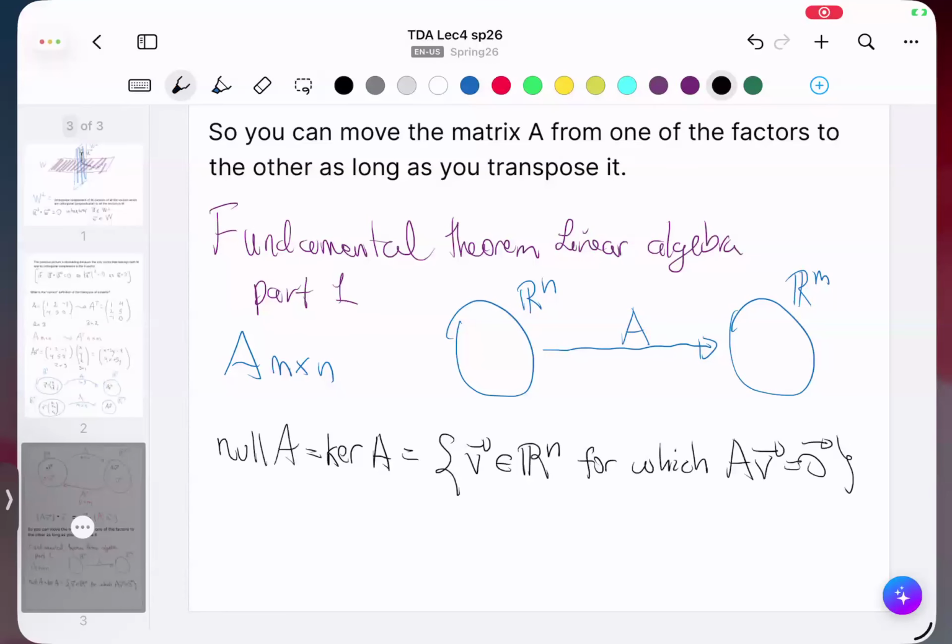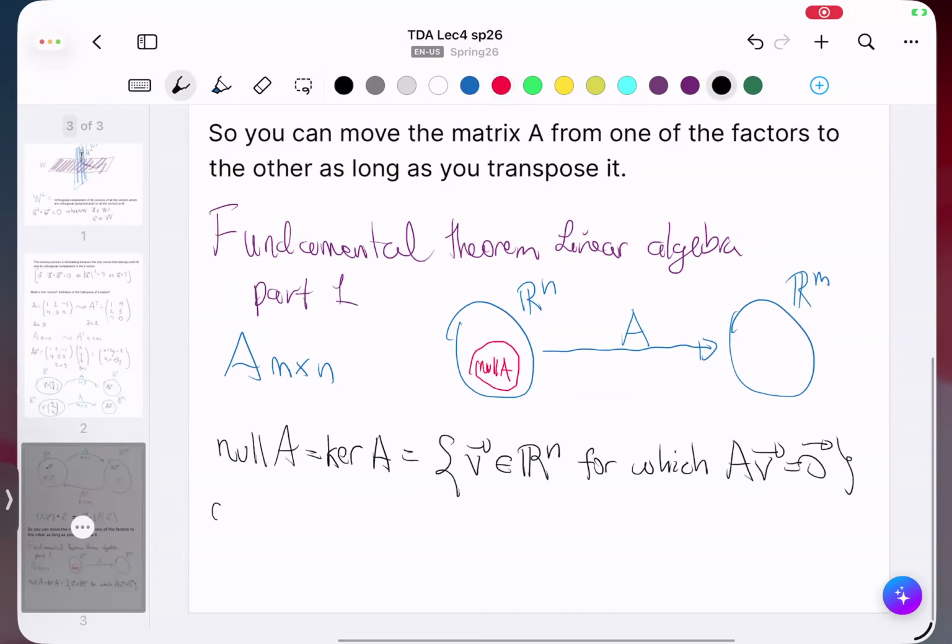So again, just to draw it in a picture, here you have the null space. Its dimension is called the nullity.